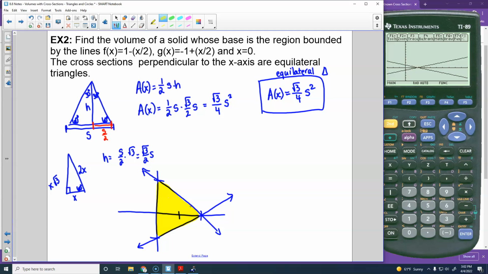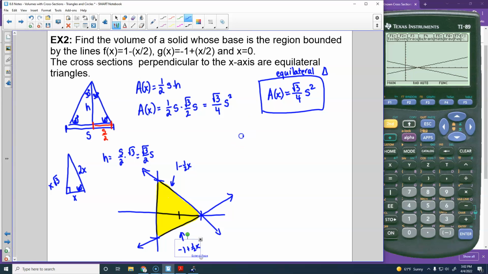We're looking at this area here. So on this picture, it's just this little piece right here. I probably could have graphed that by hand just as quick. Because this is 1 minus 1/2 x, right? The 1 minus x over 2 is 1 minus 1/2 x. And this is negative 1 plus 1/2 x that we're looking at here.